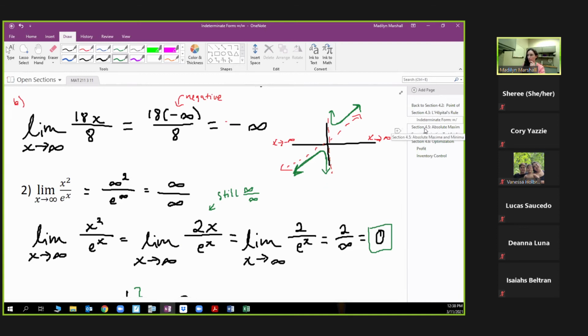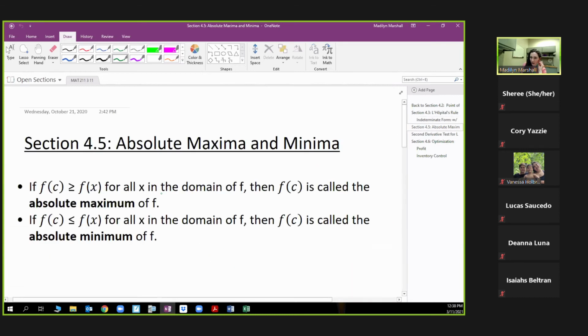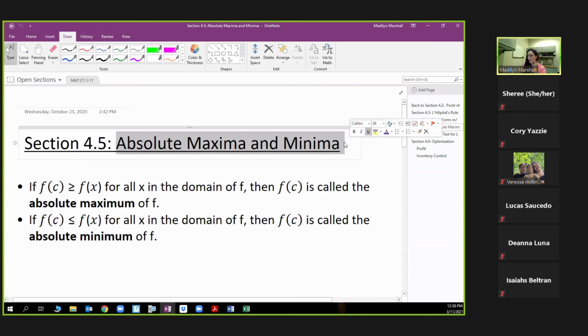Okay. So 4.5, we're just going to sort of breeze through, and there's one important test that we're going to talk about. So 4.5 is about absolute maxima and minima. We've been talking about local maximums and local minimums, which is what our focus is going to continue to be.